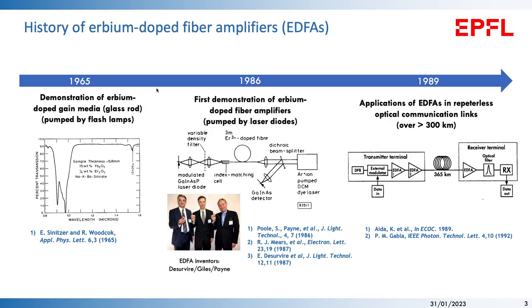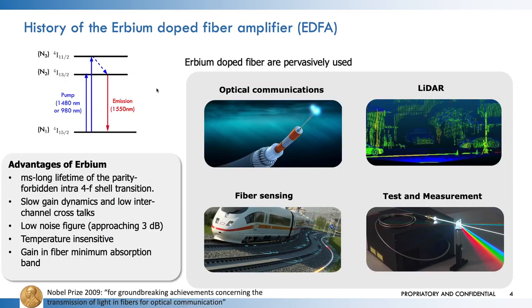I'm not going to talk about the history of the EDFA in this case. The general idea is that the Erbium-doped amplifier was invented in 1986. After that, it was immediately used to replace the electrical repeater in the communication system. The working principle of the Erbium-doped fiber amplifier is very simple.